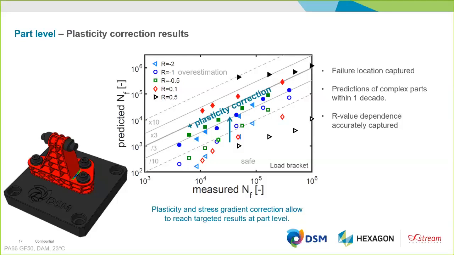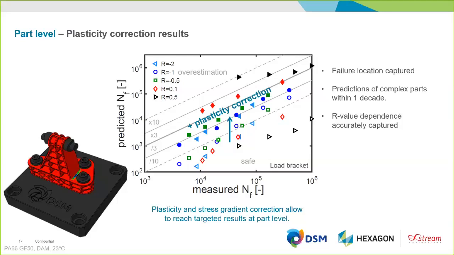We're very happy with this because at the outset we defined this as kind of a goal that we would be very, very happy if we would be able to predict part lifetime within a decade. And given the complexity, I think this is a great achievement of our collaboration.